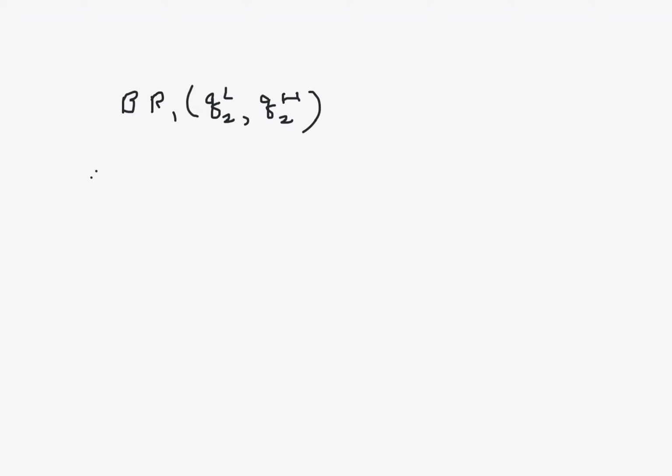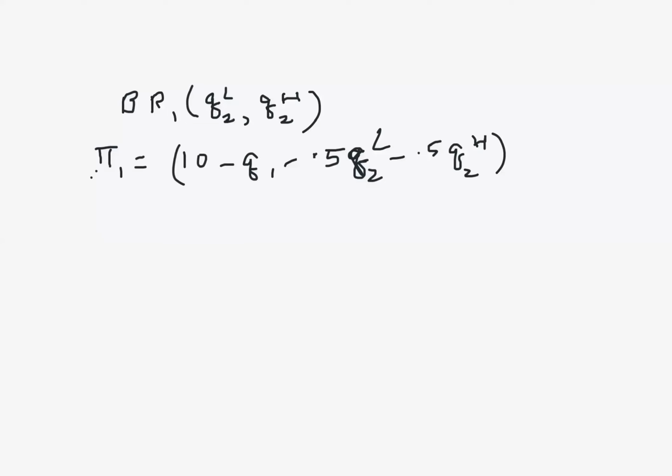So the profit function, let's write it down again here. So pi 1 is 10 minus Q1 minus 0.5 Q2L minus 0.5 Q2H. So I'm writing 0.5, and then everything gets multiplied by Q1.